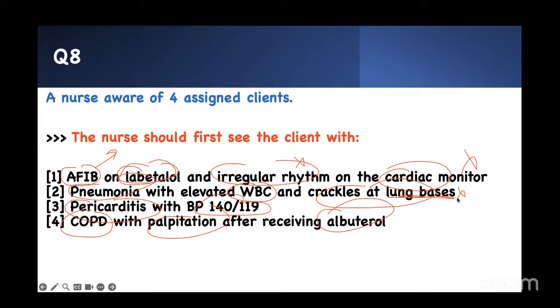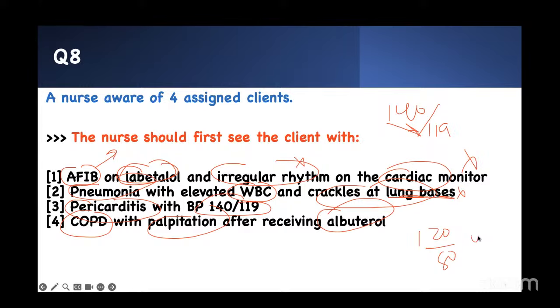Pericarditis, well, your blood pressure is 140 over 119. There is no pulse pressure here. The systolic is getting closer to the diastolic. That is what we call narrow pulse pressure. Normal blood pressure is 120 over 80.